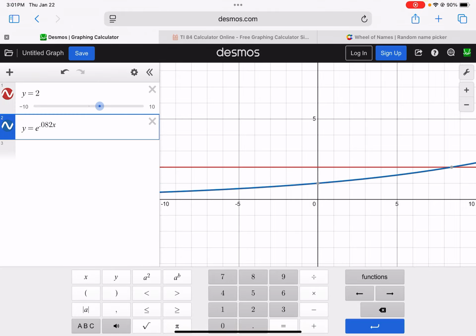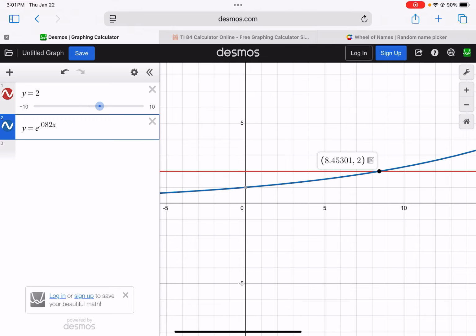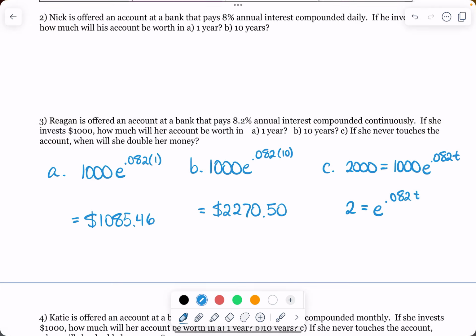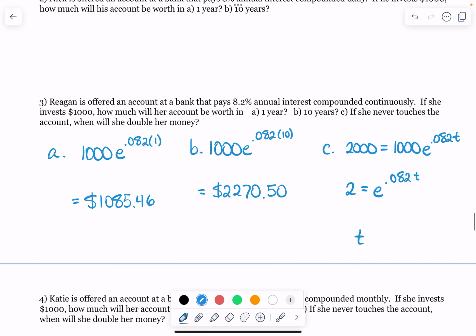And I'm going to look for where these lines overlap. And it will double after 8.45 years. So time to double would be about 8.45 years, which is pretty good for putting money in an account and never touching it, right? That you get double your money in less than a decade. Okay?